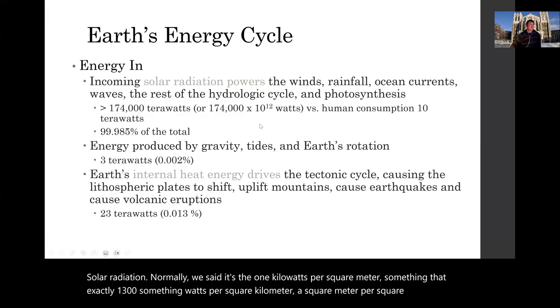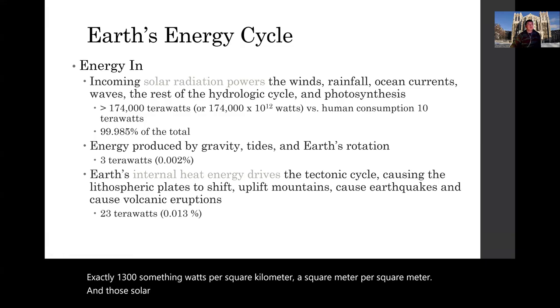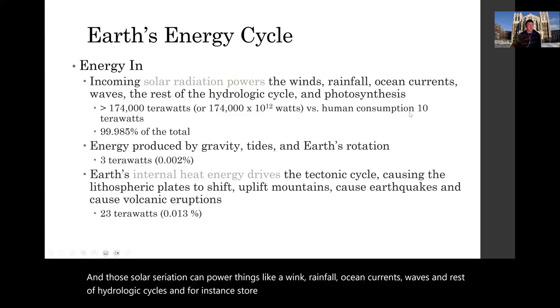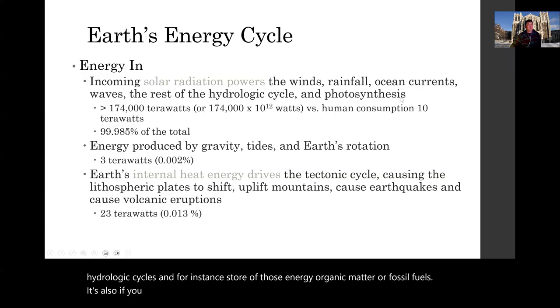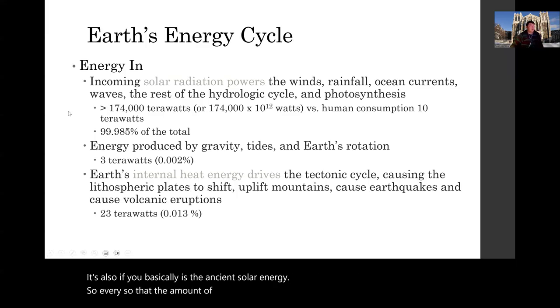And those solar radiation can power things like wind, rainfall, ocean currents, waves, and the rest of the hydrologic cycle, and photosynthesis stores that energy in organic matter or fossil fuels. So fossil fuel basically is ancient solar energy.